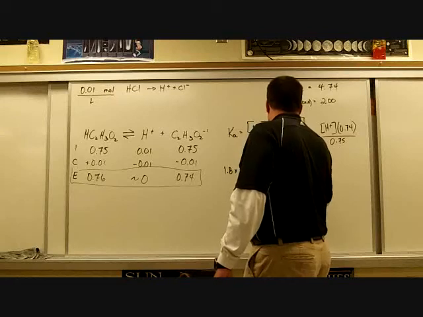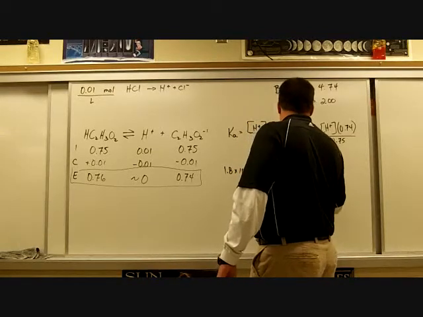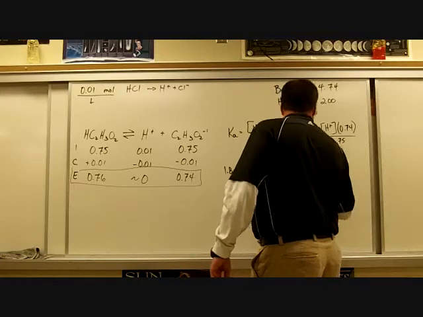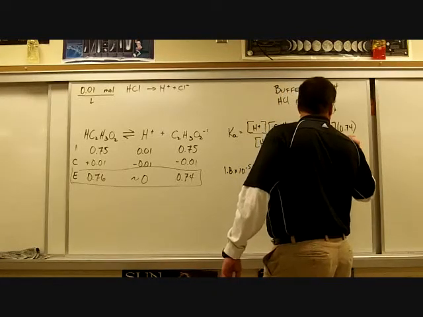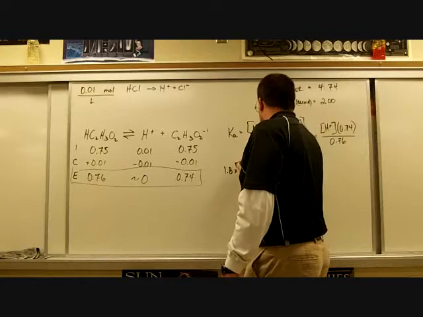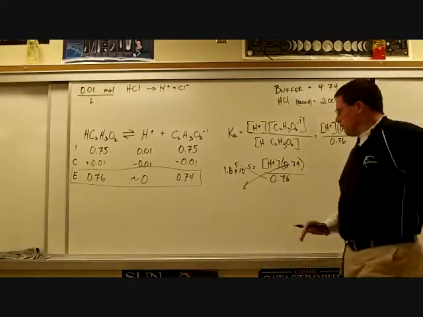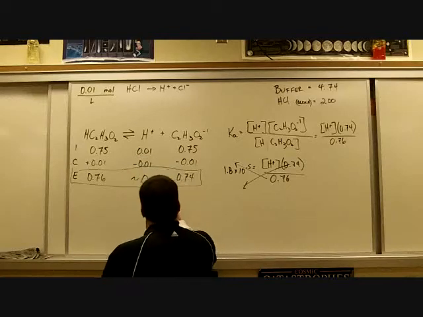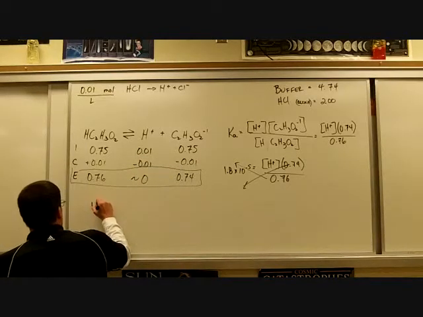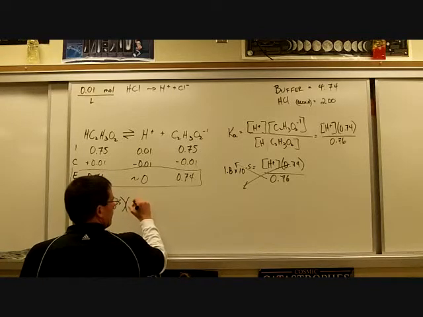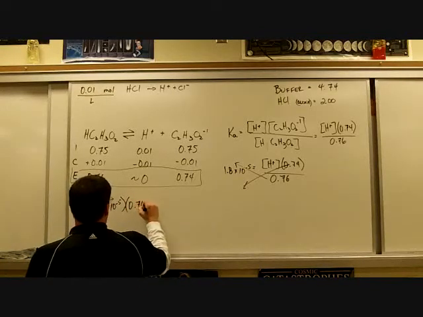I should have written that out. So that's going to go up. We're going to divide that. So now our hydrogen concentration will be 1.8 times 10 to the -5 times 0.76.